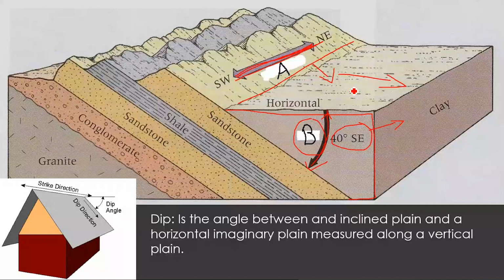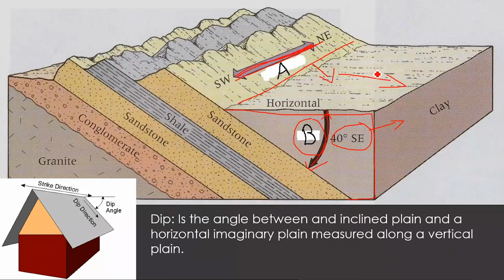If you hold a book, you can hold it horizontally, or we can slightly incline the book towards your right hand side, or towards your left hand side. You can slightly incline the book towards your front side or back side. So that is possible. The rock can incline in any direction, and that is how it can dip.